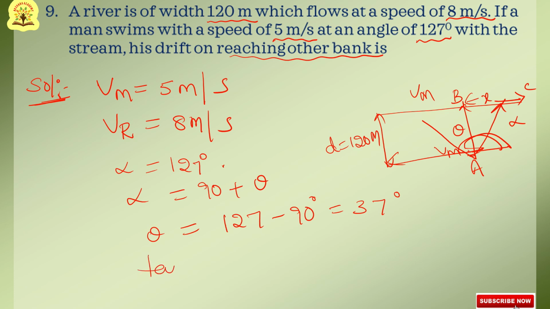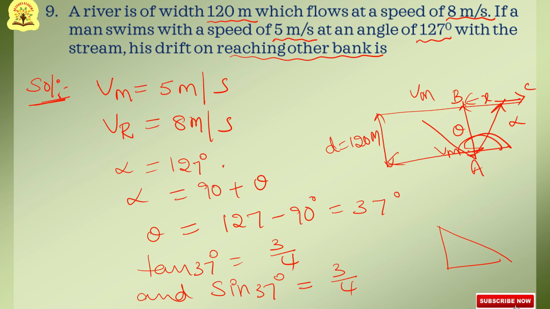Tan 37 is equal to 3 by 4, and from this, sin 37 degrees is equal to 3 by 5. From this Pythagorean triangle, with angle theta, the sides are 3 and 4, and then the hypotenuse becomes 5.